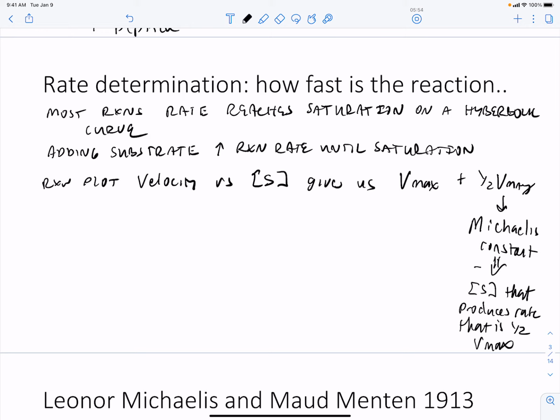Okay, so the Michaelis constant is a rough measurement of enzyme-substrate affinity. And I said rough because it is not a very precise measurement. And basically at very low substrate concentrations, the relationship between the substrate and its velocity, being that it can find enzymes that it can bind to, is going to be linear.